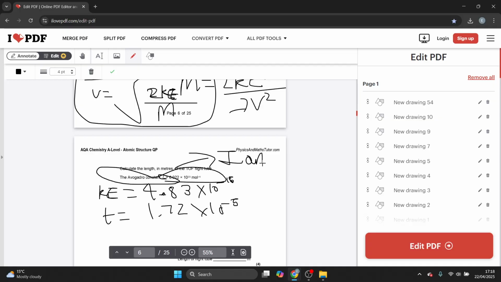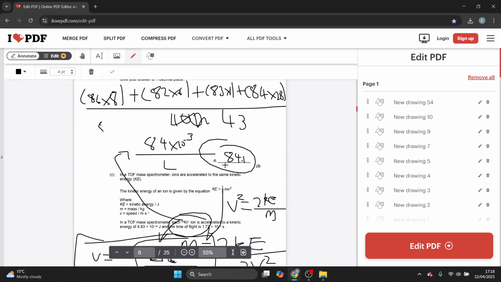I am 100% going to use this. I've done a bunch of past paper questions for chemistry, obviously all new spec, but anytime they give you this, 9 out of 10, okay, 99% going to use it.